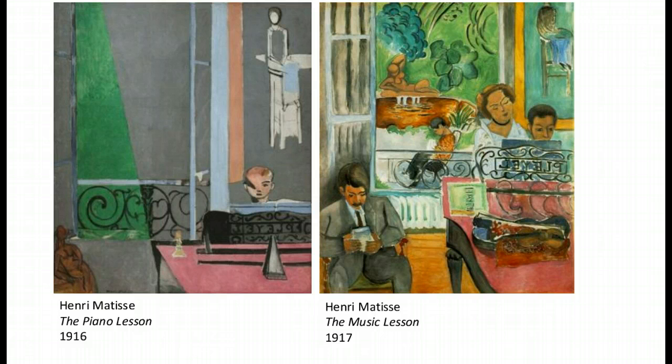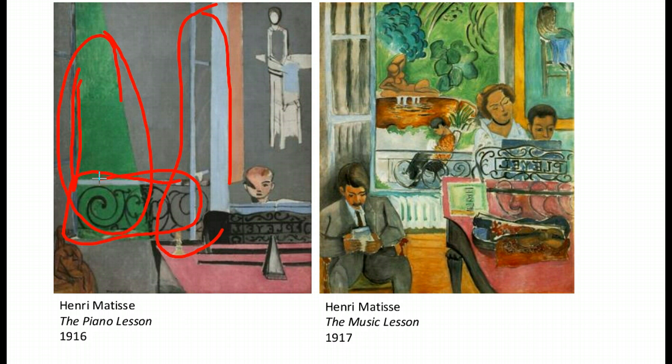In the one from 1916, you can see there's very little information about the set that this piano is placed within. We understand, because of this green wedge that exists right here, that might be a window, with this border here, this frame here, this balustrade there.